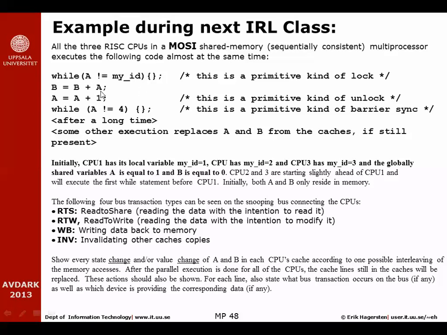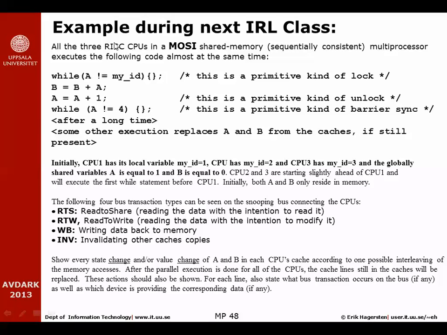Then they will go in and execute these two statements. They say B equals B plus A, and then they will increment the value of the globally shared A. And then they will get into another infinite loop and say, while A is not equal to 4, I'm going to stay in this infinite loop.